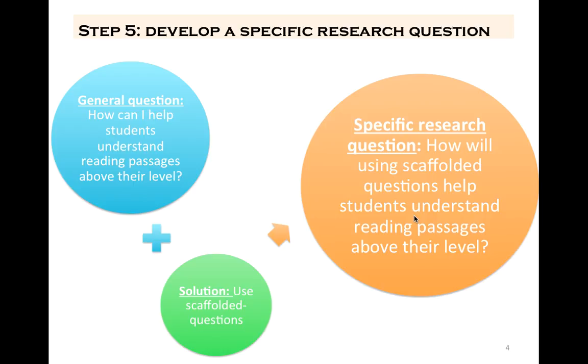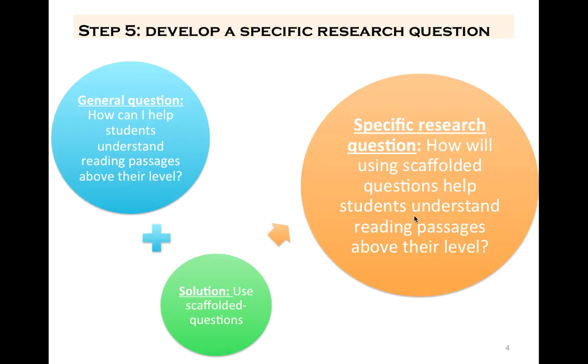you started with the question in step 3 of module 1, the general question. For example, how can I help students understand reading passages above their level? Then added the solution you chose earlier in this module. For example, use scaffolded questions.